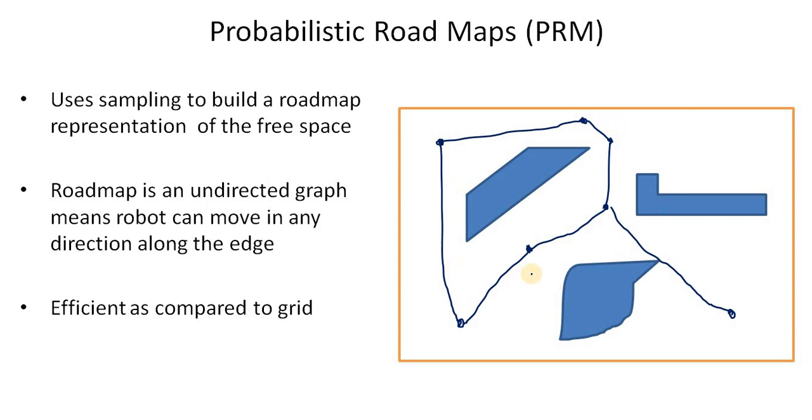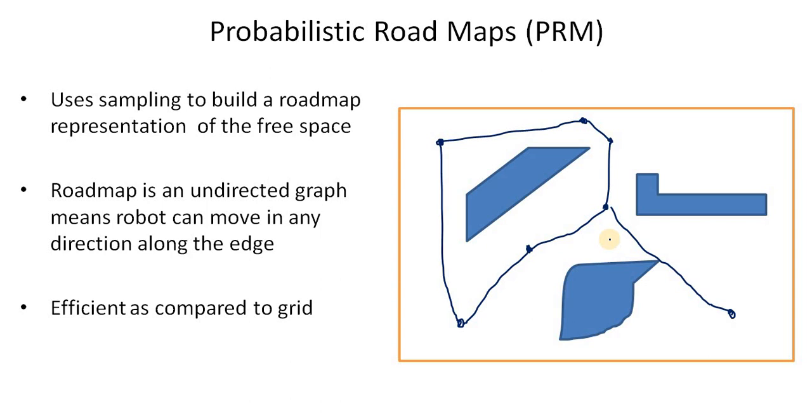You can see that this is a graph with nodes and edges, and we call it a roadmap. And this method is efficient compared to a grid. As we already discussed, this is a sampling based algorithm, and we require fewer nodes to represent our free space. If you used a grid method, you would have to use a lot of cells to represent your free space in this configuration space.